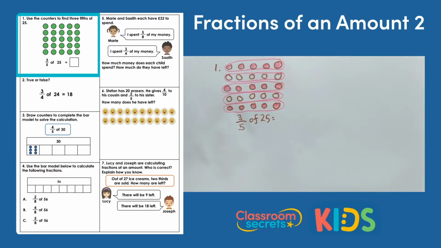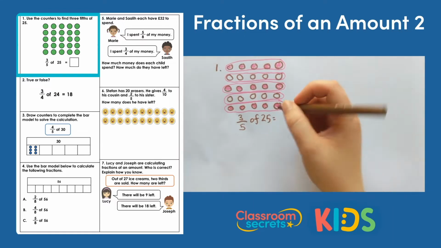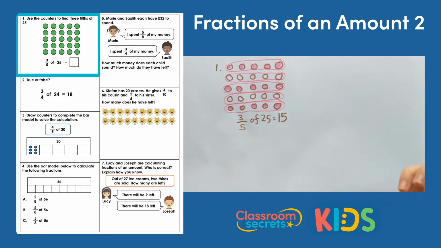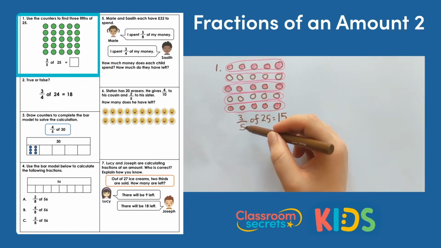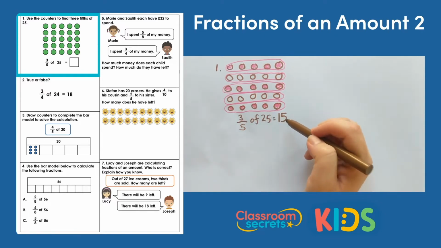To find the answer, all that's left to do is count each counter that I have now shaded. 1, 2, 3, 4, 5, 6, 7, 8, 9, 10, 11, 12, 13, 14, 15. Therefore my answer is 15. I can check this mathematically by doing 25 divided by 5, which is 5, and then timesing it by 3. 5 times 3 is also 15.